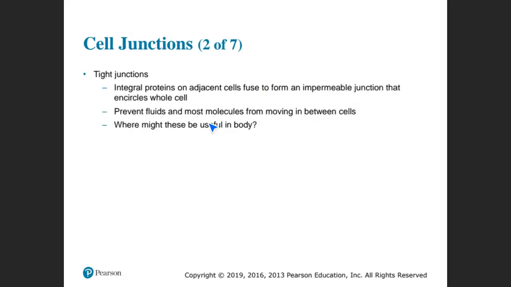The plasma membranes are almost fused together, and that keeps the fluids and other materials from being able to move easily in between those cells. And so you find tight junctions in lots of places, including the blood vessels that are in the blood-brain barrier. And so this is useful because it allows or doesn't allow the passage of material between those cells to enter the bloodstream.